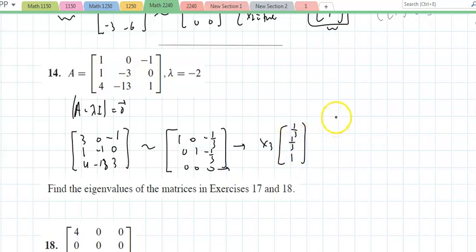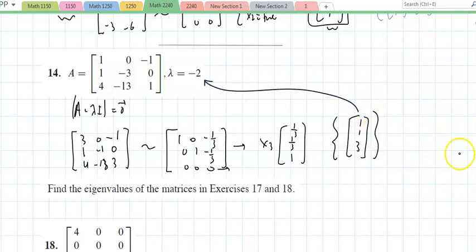Or simply 1, 1, 3. That will form the basis for the corresponding eigenvector.